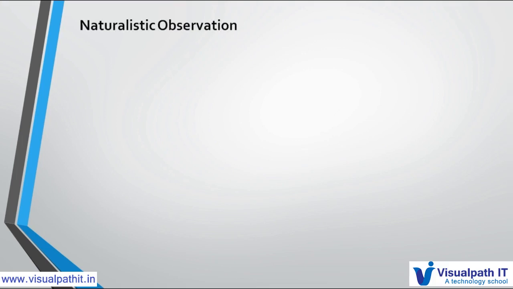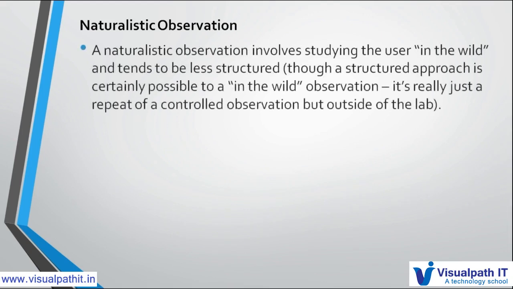Next, the second one is naturalistic observation. A naturalistic observation involves studying the user in the wild and tends to be less structured. Though a structured approach is certainly possible in an in-the-wild observation.